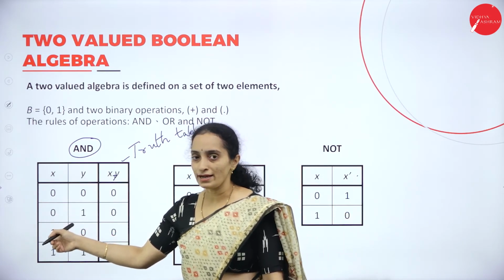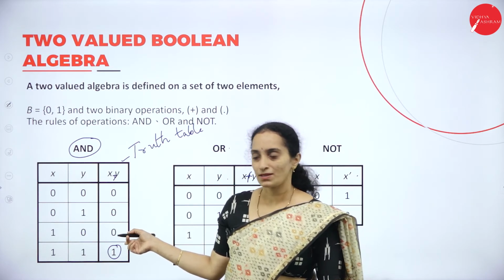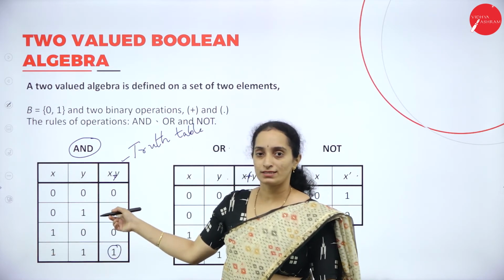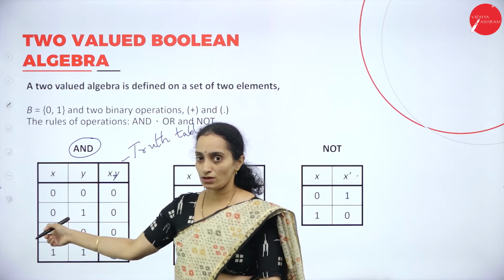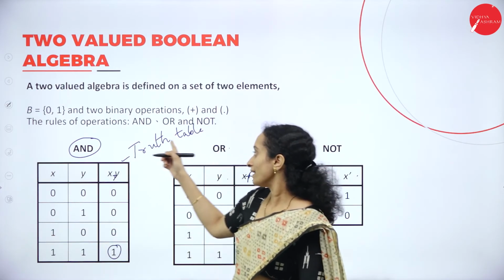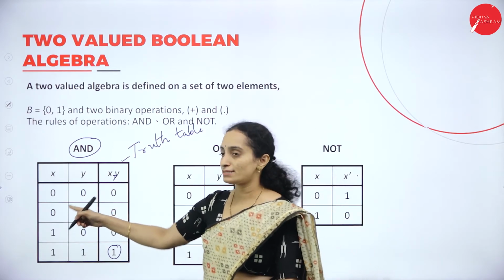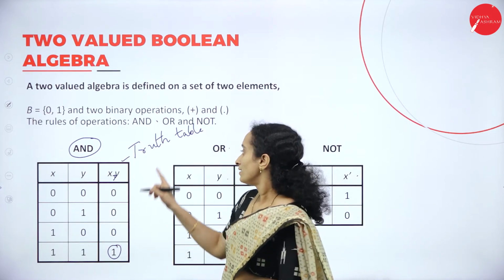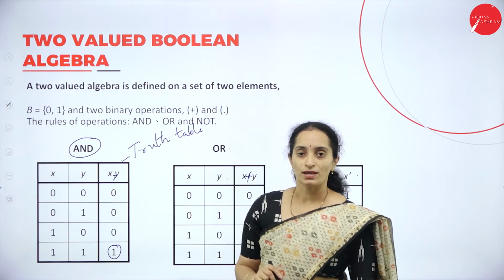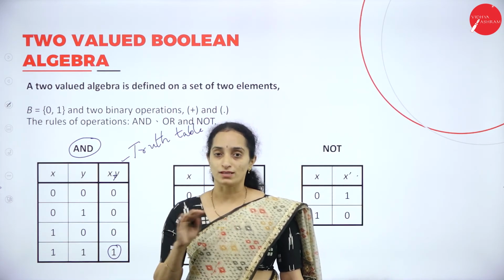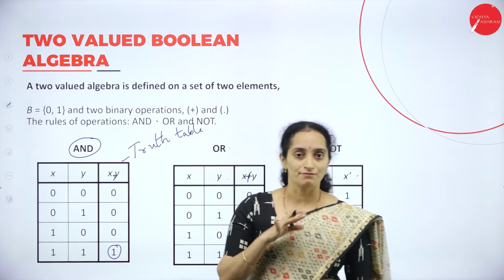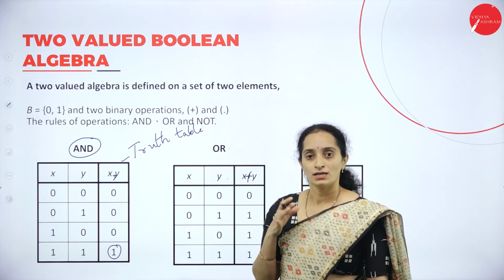You can go there, you cannot go there. You can read, you cannot read. Like this, these true statements will be represented as 0 and 1. It is called the truth table. We use this term truth table in almost every concept of our subject.